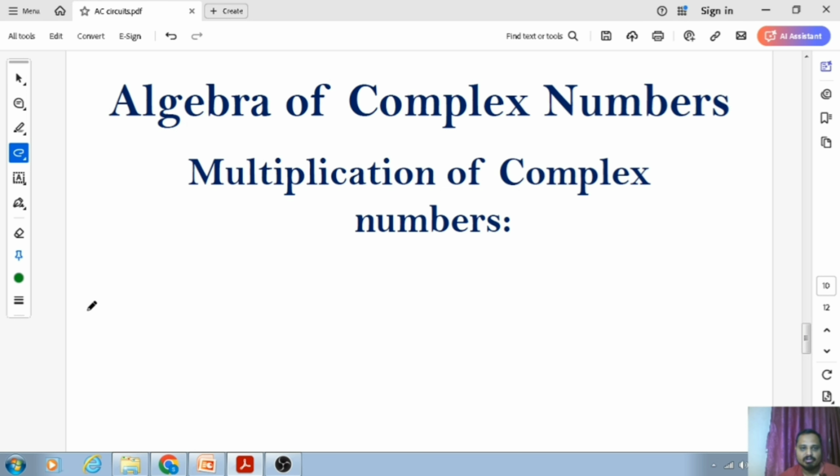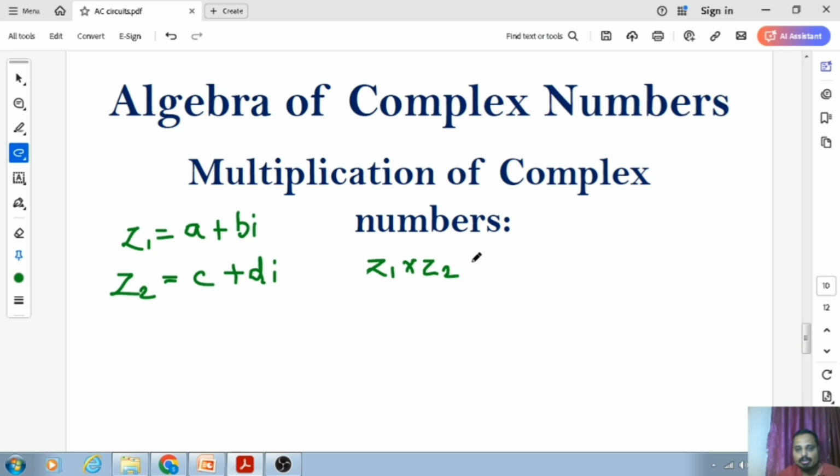Let's see how we can perform the multiplication of two complex numbers. Let's say I have Z1 is equal to a plus bi and Z2 is equal to, let's take, c plus di. Okay, so how can we perform Z1 multiplied by Z2? For that I am just writing (a plus bi) multiplied by (c plus di). So we need to just simplify this bracket.